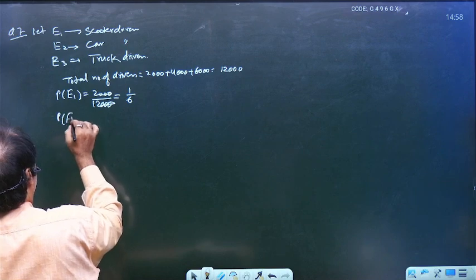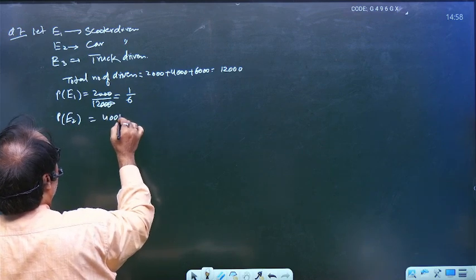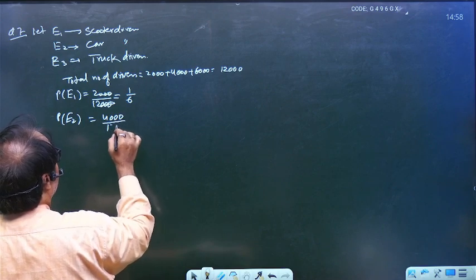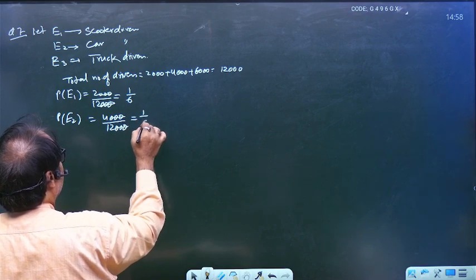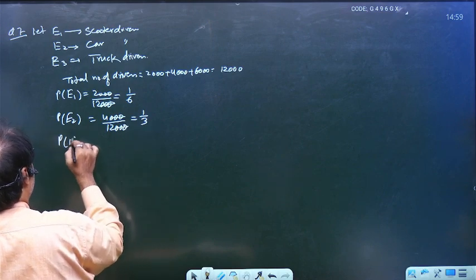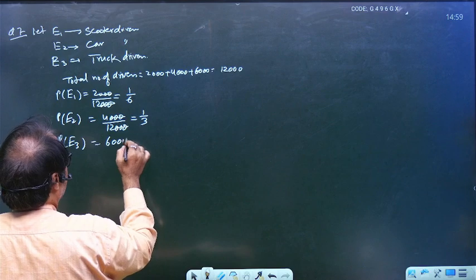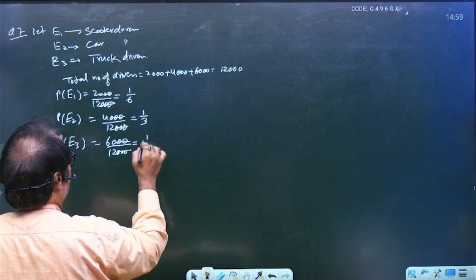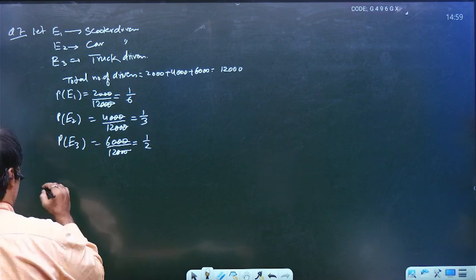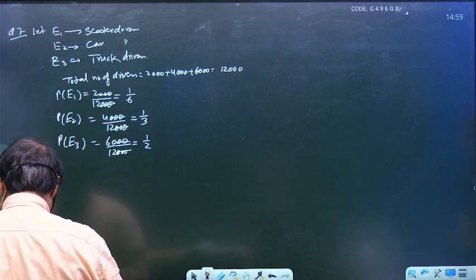And probability of E2 is 4,000 divided by 12,000, so this will be equal to 1 by 3, and probability of E3 is 6,000 divided by 12,000, this is equal to 1 by 2, right?